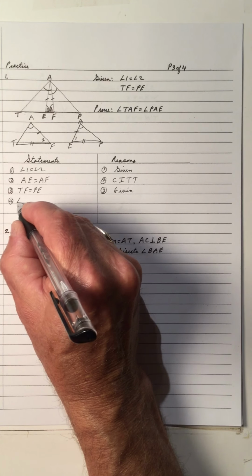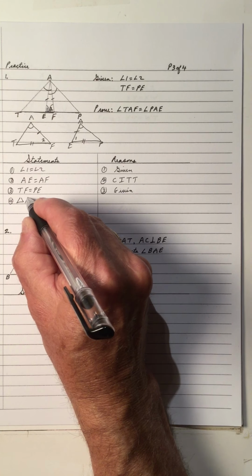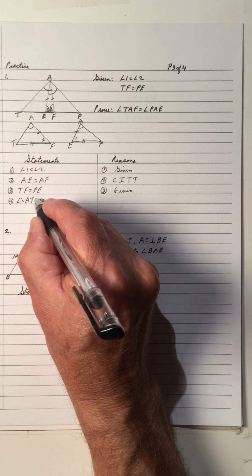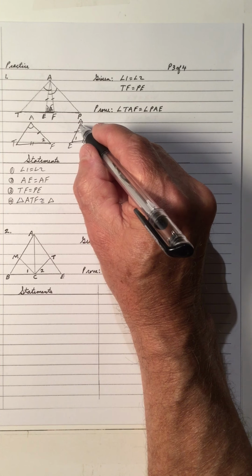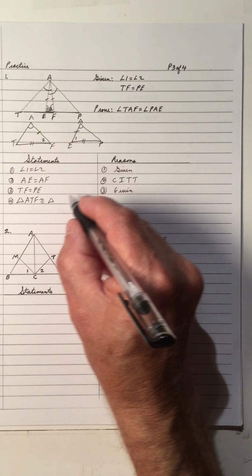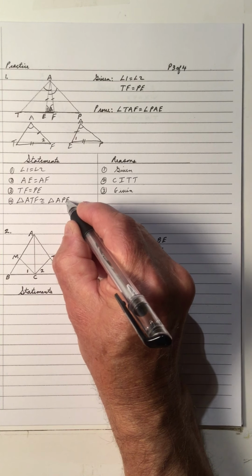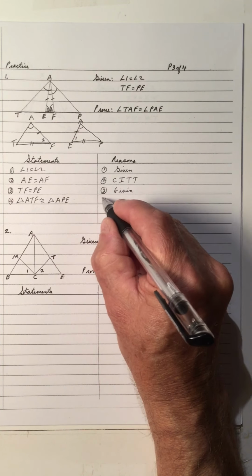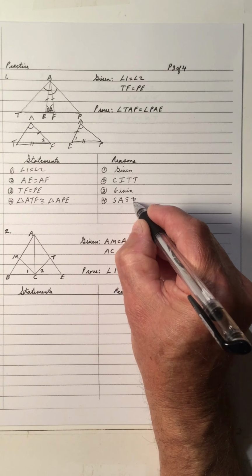So these two triangles, let's name them triangle ATF is congruent to APE. And that's a side angle side.